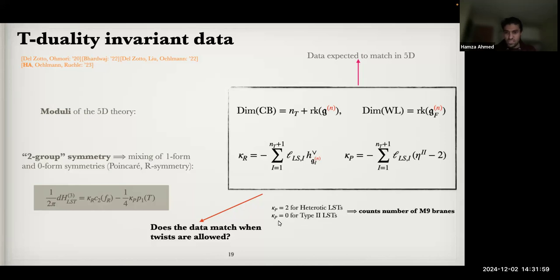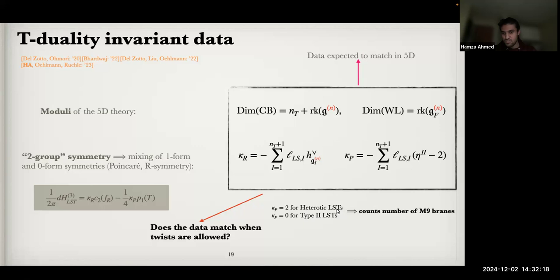Another interesting point is that kappa p, like I mentioned, is known to be true for heterotic LSTs. And there's another kind of minimal LST, which I haven't talked about in this talk, these type 2 LSTs, where you have kappa p equals 0.